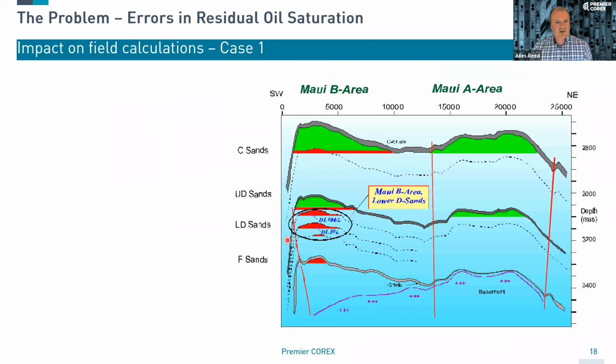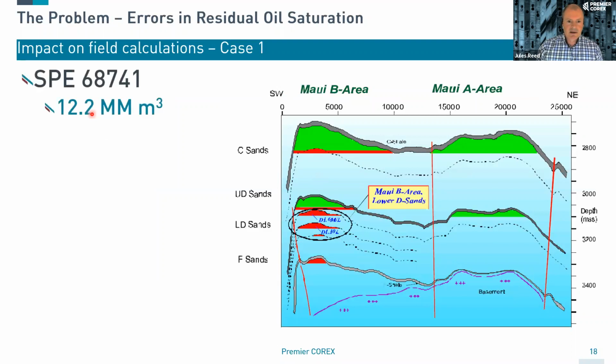This next slide is just showing you a case from Shell. This was published in SPE, this SPE number here, where the reservoir was about 12.2 million cubic meters. That's probably roughly about 50 million barrels.